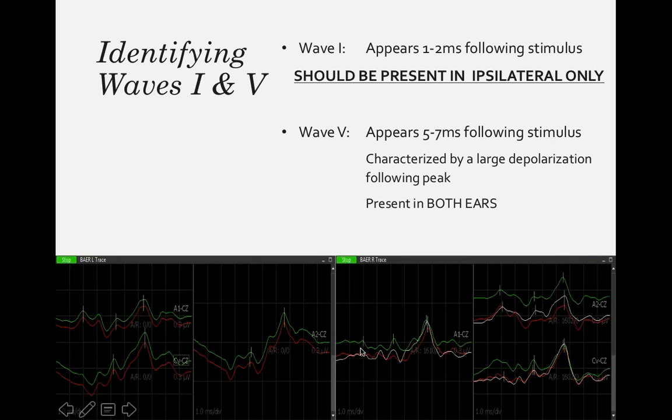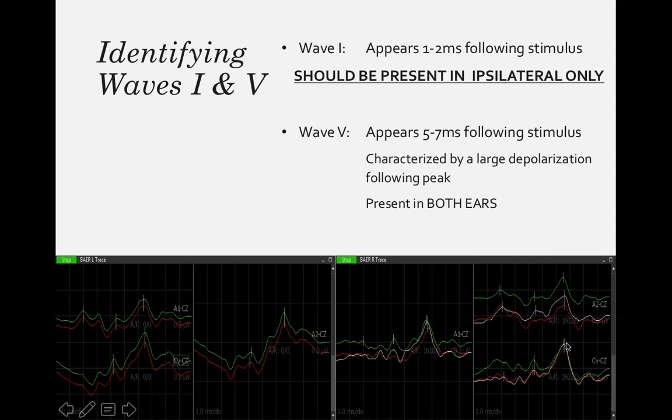The next wave is wave 5. Wave 5 is probably the most obvious wave that you're going to see. It's going to appear 5 to 7 milliseconds following the stimulus, and it's characterized by this large peak and this large drop-off next to it. This is characteristic of wave 5.